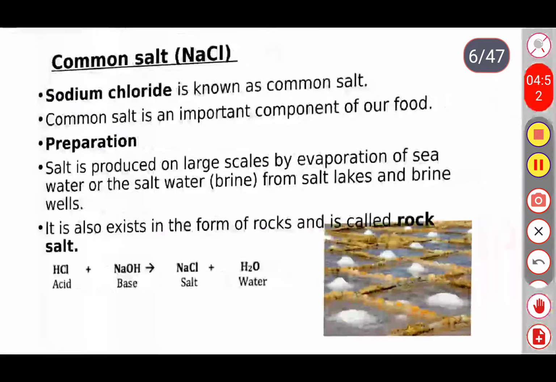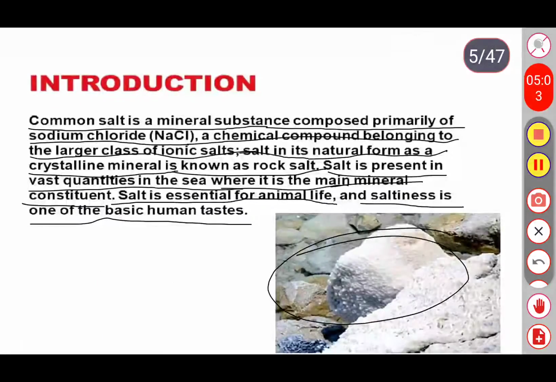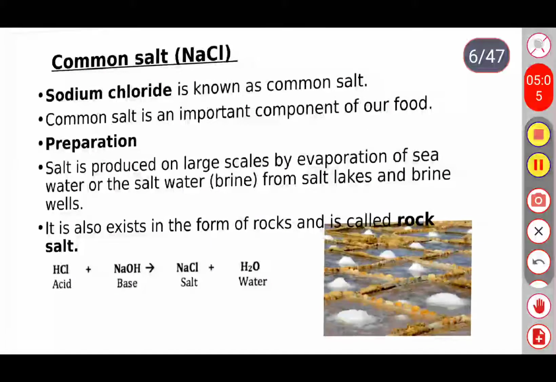Now see the information about common salt, that is NaCl or table salt. NaCl has one more name, that is table salt.